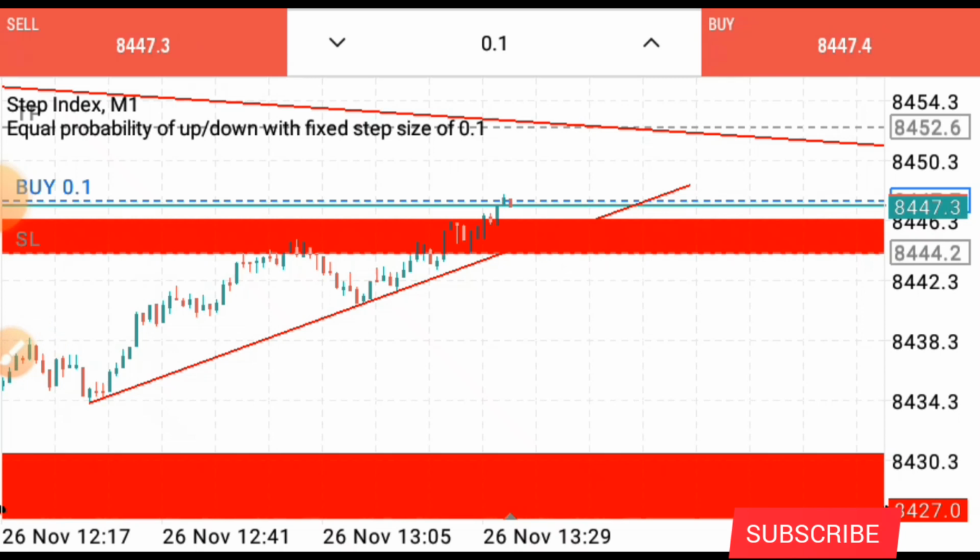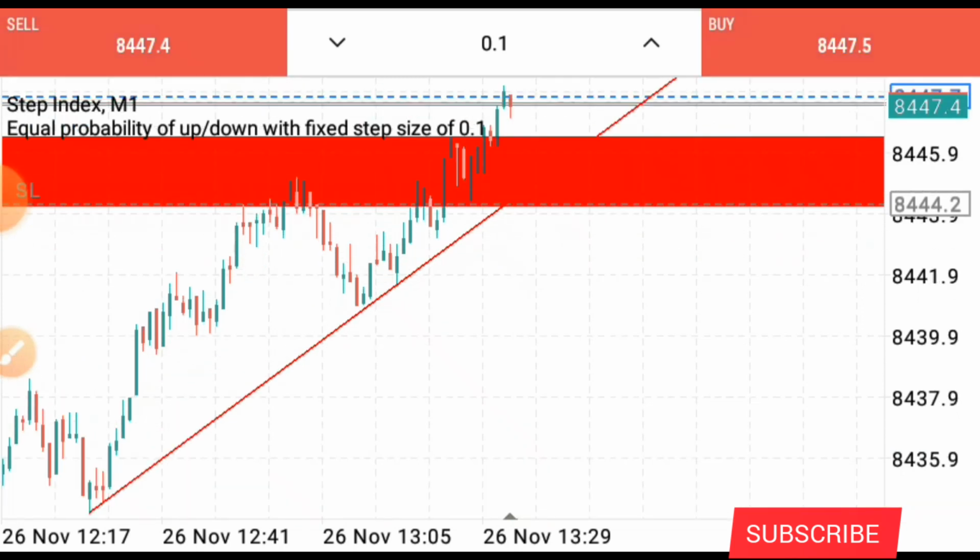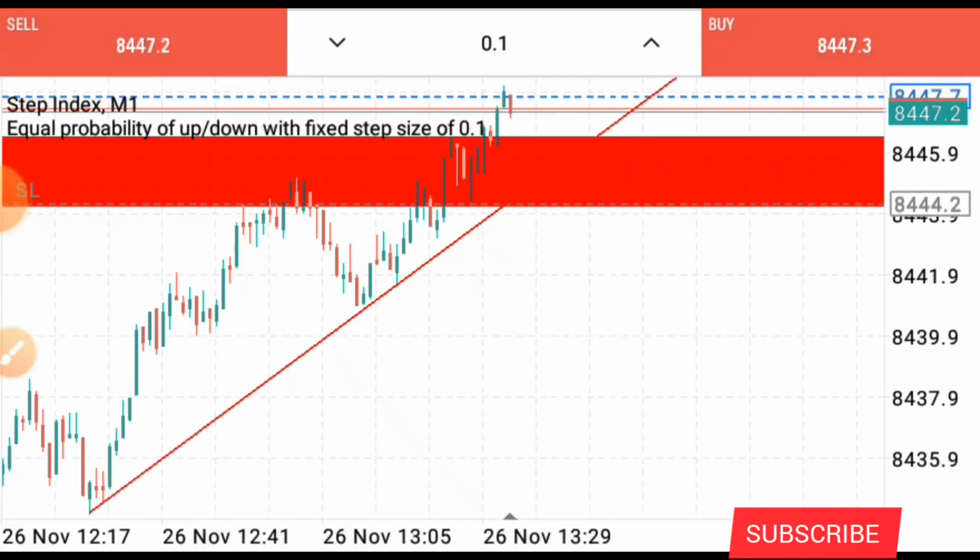We just wait for price to get into our trap, and the most important thing is risk management. If it doesn't go your way, your stop loss is going to stop you out, and if it goes your way, you are going to milk the money. So that is how we do this thing, guys. That's how it's supposed to be.